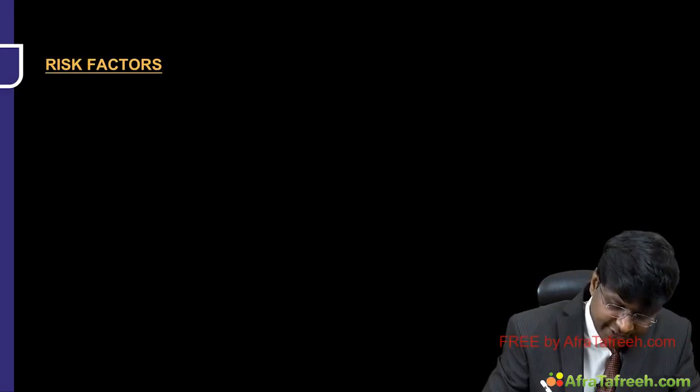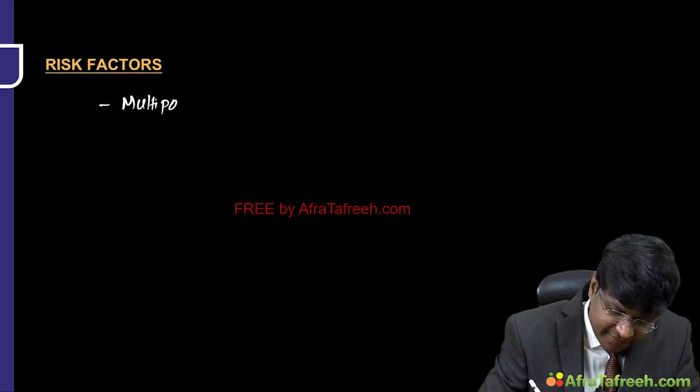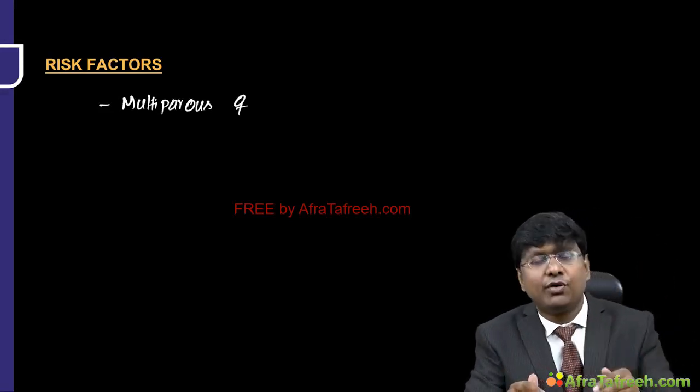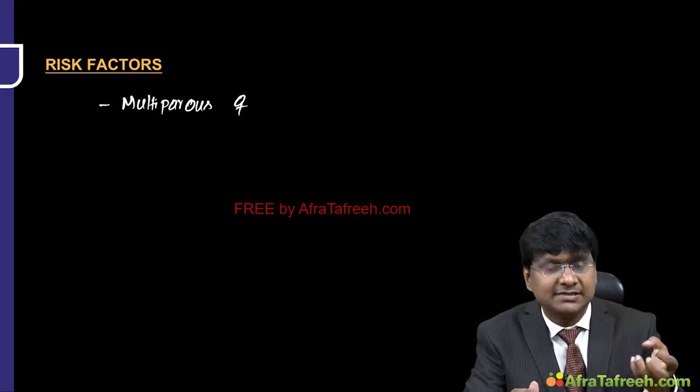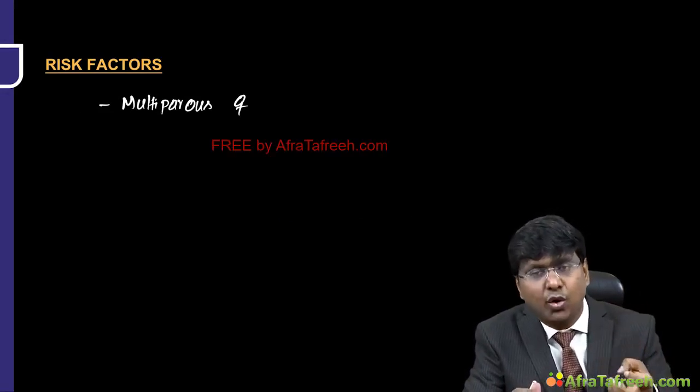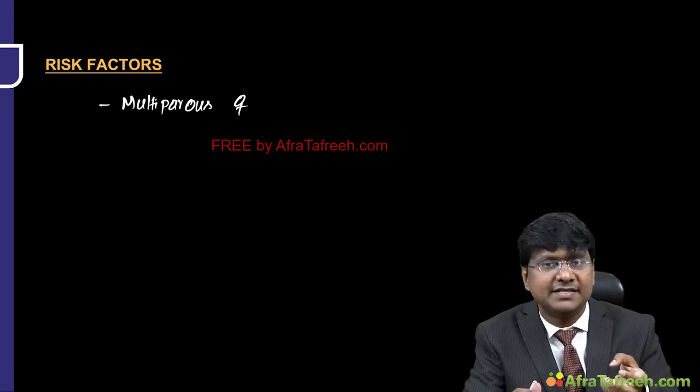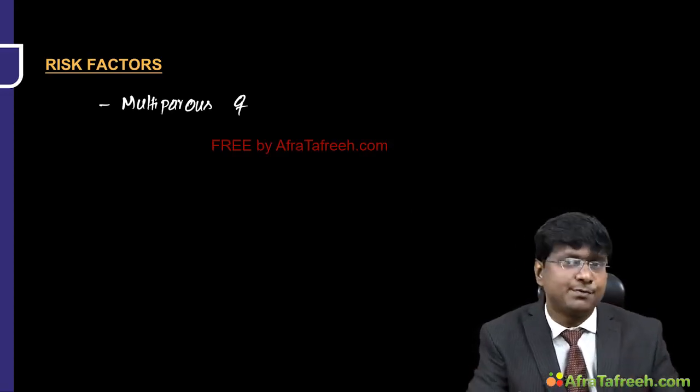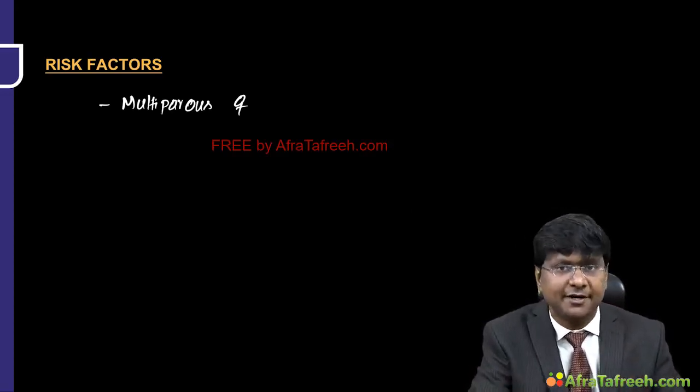And the risk factors, if you see, this dilated cardiomyopathy is seen in multiparous females. See, in multiparous females, what is happening? There is fluid overload with every pregnancy, and the heart, when it is taking excessive fluid overload in pregnancy multiple times, that can predispose the individual to develop dilated cardiomyopathy.